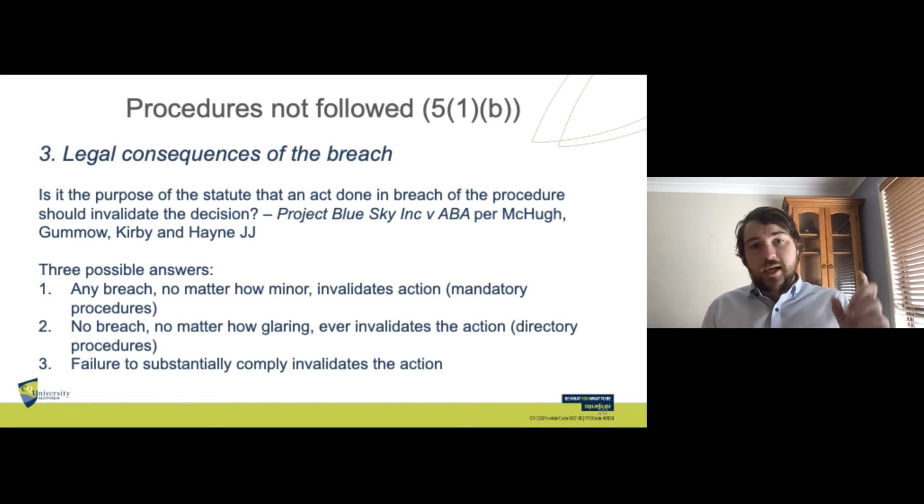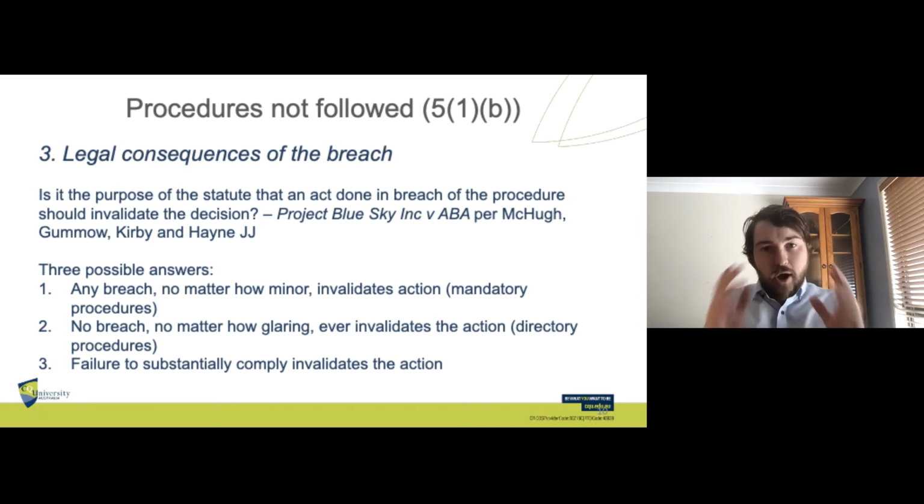And the court said, no, this didn't invalidate Clause 9. They said that Clause 9, and this is the tricky distinction, Clause 9 was unlawful, but not invalid. So Clause 9 was unlawful because it didn't meet with 160D of the Broadcasting Services Act, because it didn't fully meet Australia's international treaty obligations.